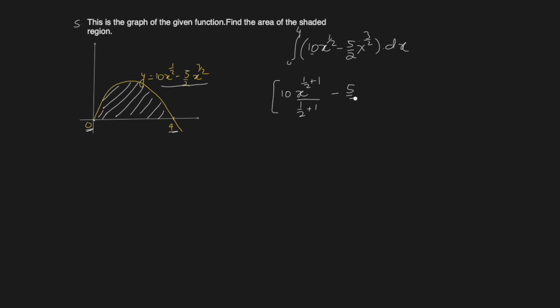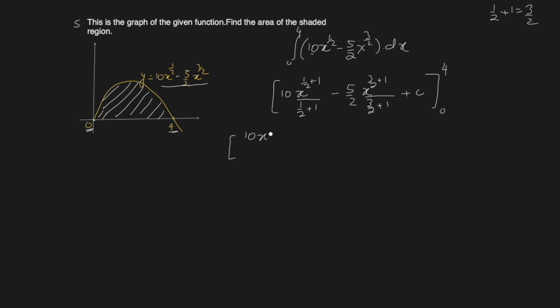Minus 5 over 2, same thing here, x to the power 3 over 2 plus 1 over 3 over 2 plus 1, plus c, from 0 to 4. Let's simplify this one. So half plus 1 is 3 over 2. So this exponent becomes 3 over 2.